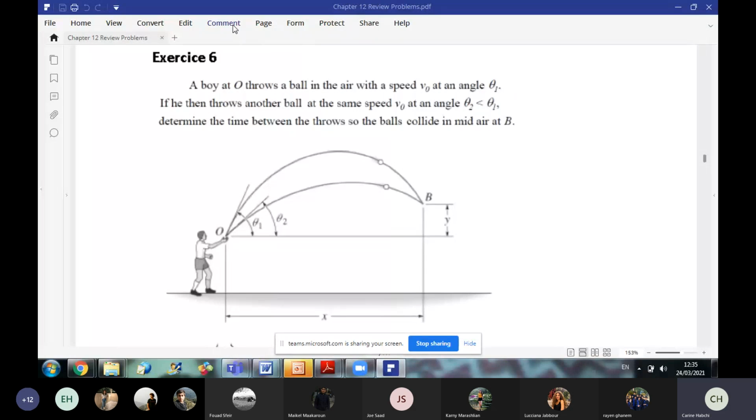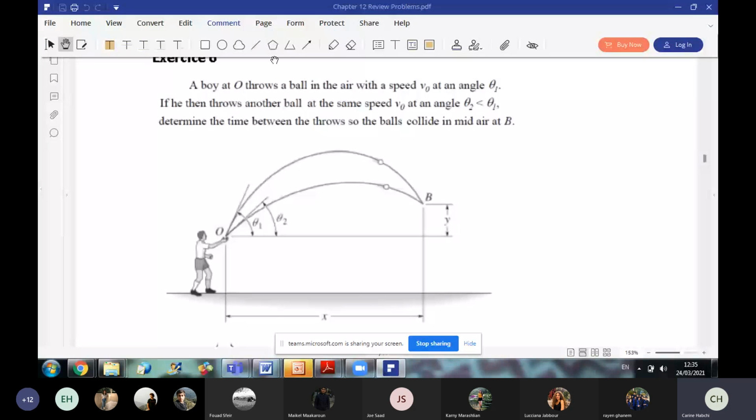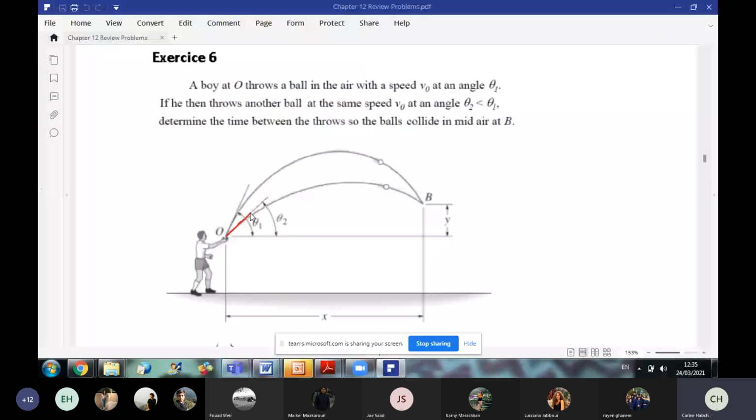So in this problem, we have the case of a projectile motion. We have two particles that are thrown at different times, and we want to determine the time between the throws if the balls collide at point B. Here they gave us the coordinates of the meeting point, so the meeting point is known.